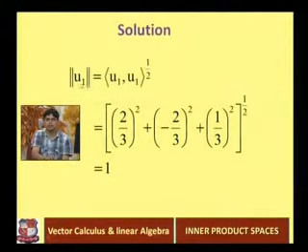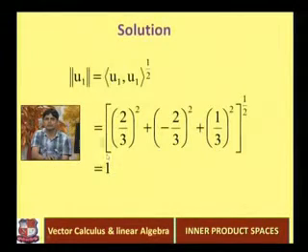So we take the norm of u1, which equals the square root of the inner product of u1 with u1, that is the square root of (2/3) square, the first element of u1, plus (minus 2/3) square, the second element of u1, plus (1/3) square, the third element of u1, and the resultant value is 1.